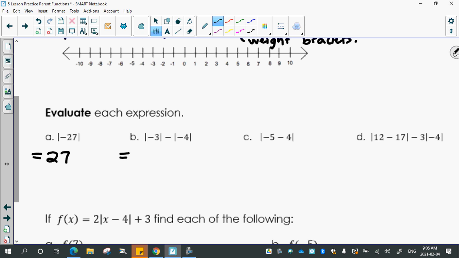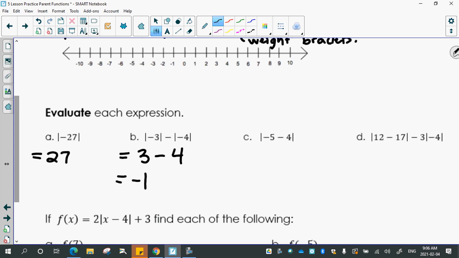This is the absolute value of -3 minus the absolute value of -4. So the absolute value of -3 would be 3, minus the absolute value of -4 is 4. And then what's 3 minus 4? -1.